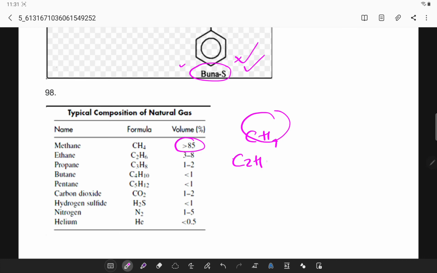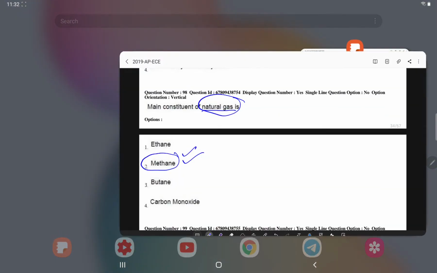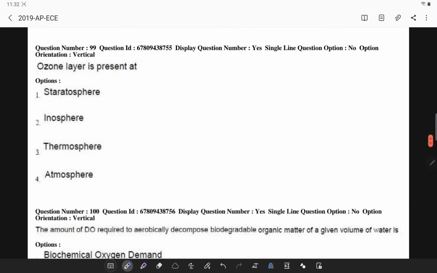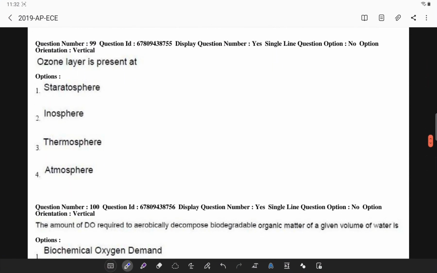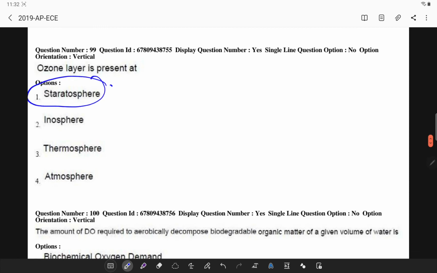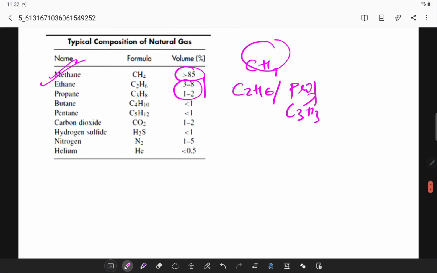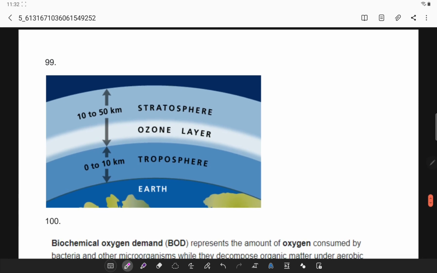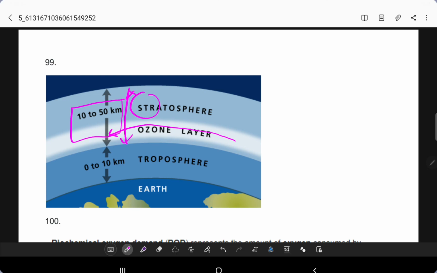Then you have ethane and propane as the other constituents, which are minor in nature, but the majority is made up of methane. The ozone layer is present in the stratosphere, at 10 to 15 kilometers from Earth.